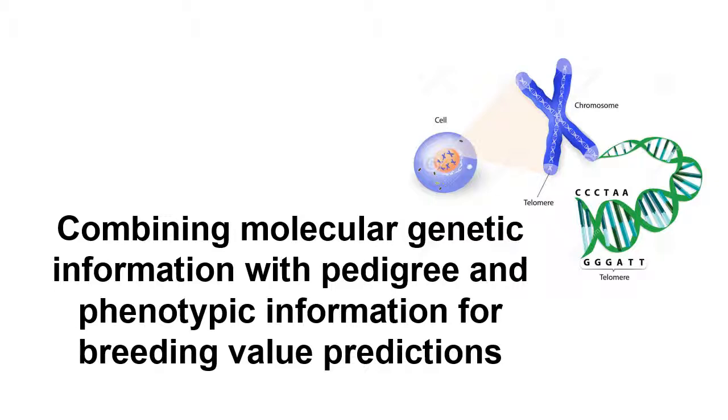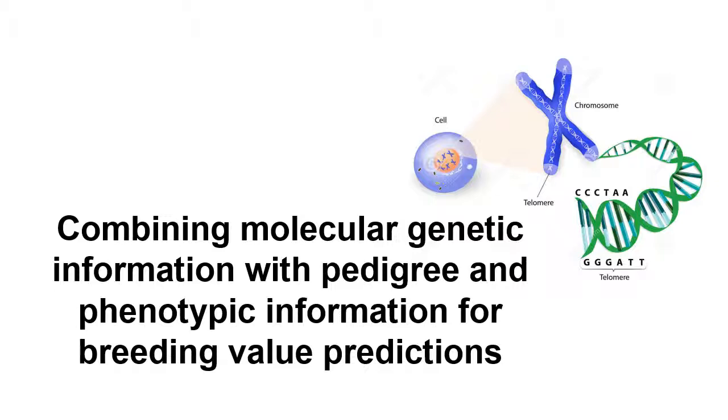So there's another source of information that can be added to the prediction equations somehow, and that can be used to increase the accuracy of prediction, especially in terms of sex-limited traits or traits that were not yet recorded or measured on a specific animal due to different reasons, the animal being too young, for example, or simply not being measured for a specific trait.